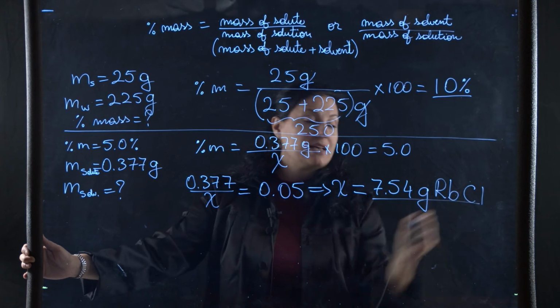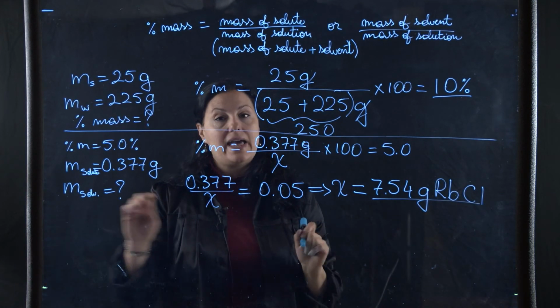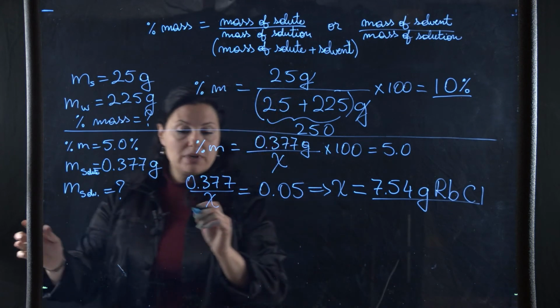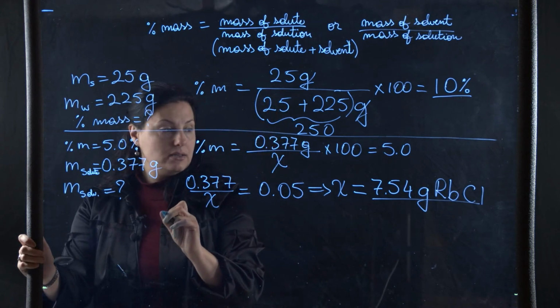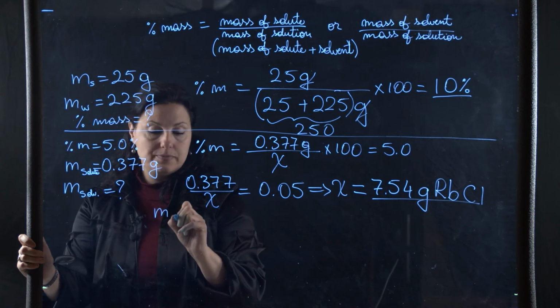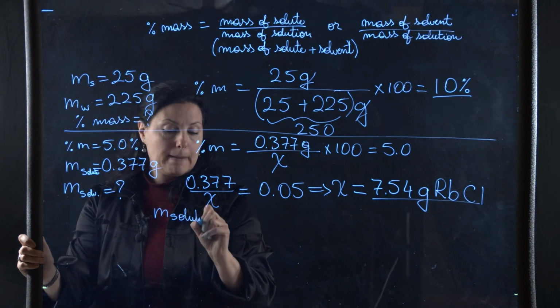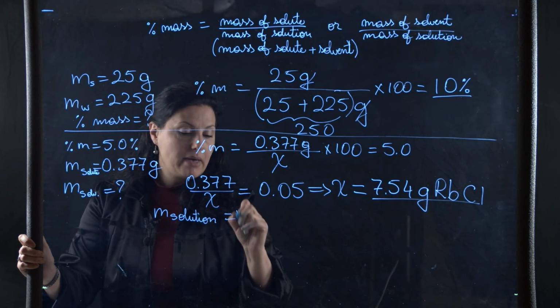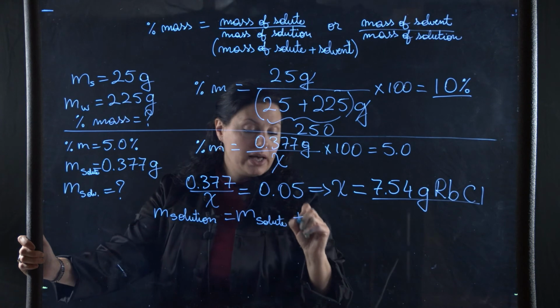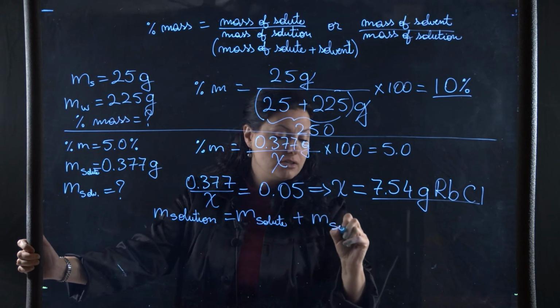Okay, so this is the mass of my solution, but I'm not asked for the mass of the solution. I'm asked for the mass of the solvent, which means that I can calculate that because I know that the mass of solution is given as the mass of solute plus the mass of solvent.